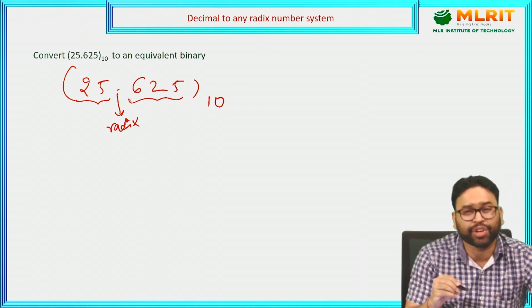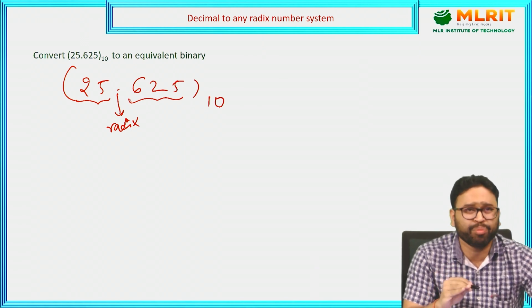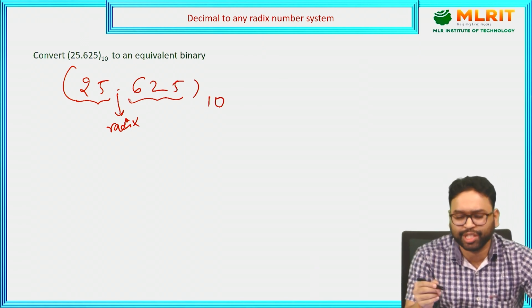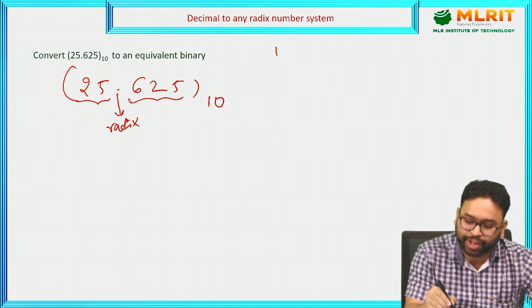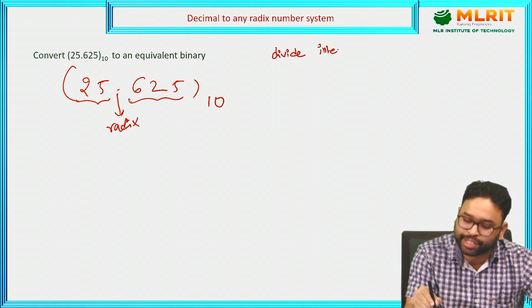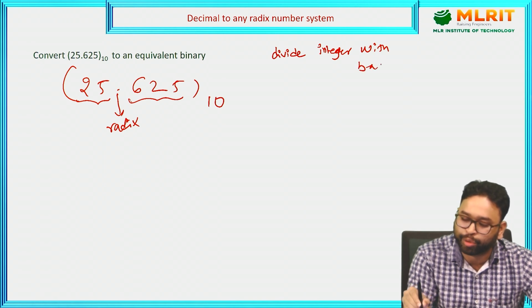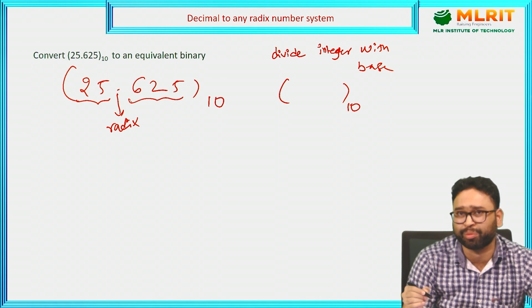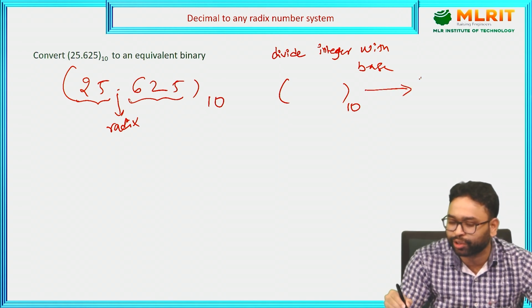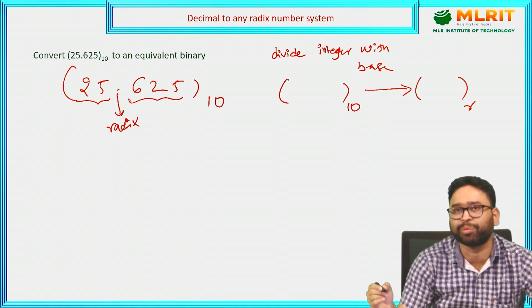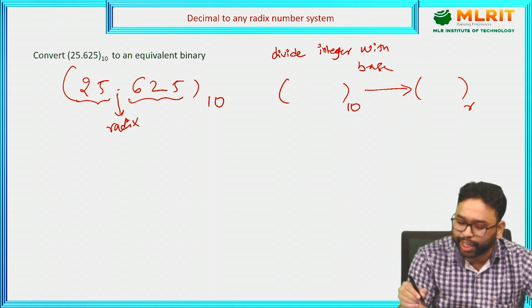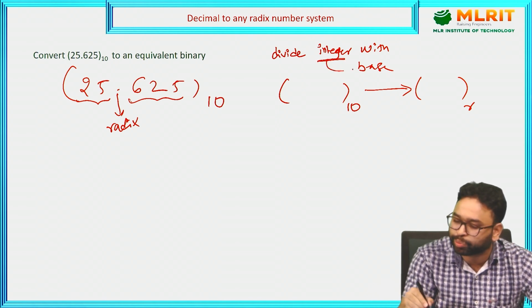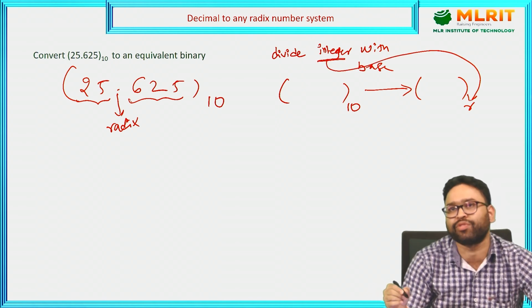Whenever you are trying to convert from decimal to any other radix, always remember you are supposed to divide the integer value with the base. For example, this is my number. I am trying to convert into some other radix, that means this integer part should be divided by this base value r.